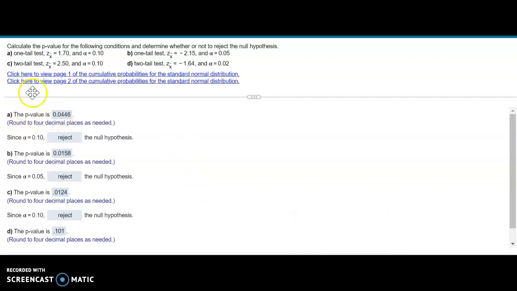Okay, so what we're trying to do here for this first part is a one-tailed test where Z, the test statistic, is 1.70 and alpha is 0.10.